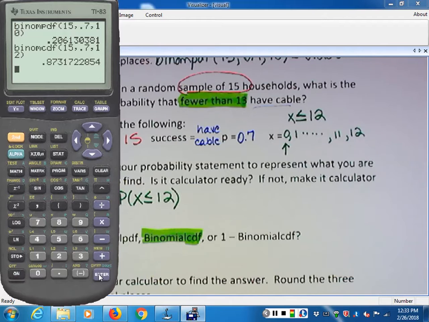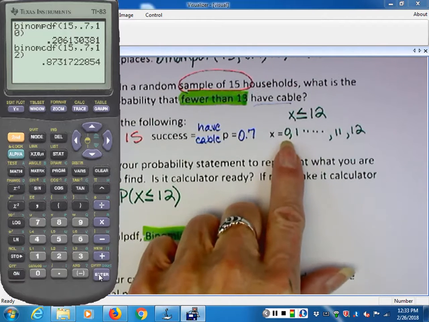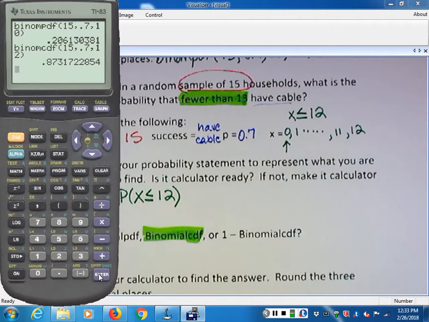So what your calculator did was it calculated the probability that x was equal to 0 and the probability that x was equal to 1 and 2 and 3 all the way up through 12, and it added all those together and just gave you the final answer.